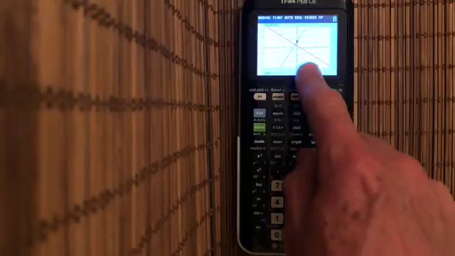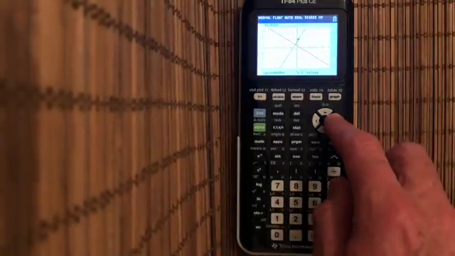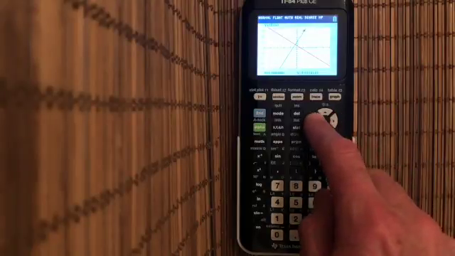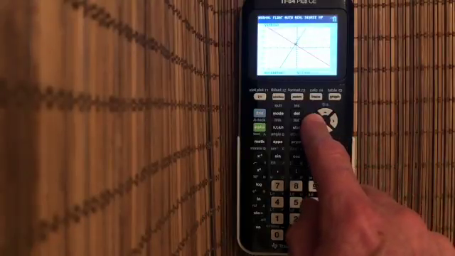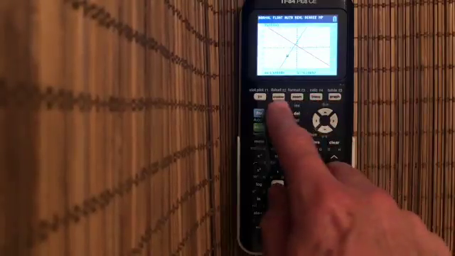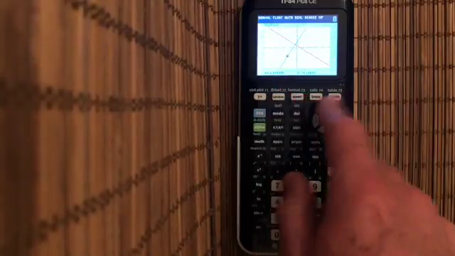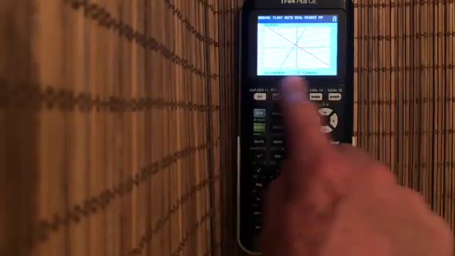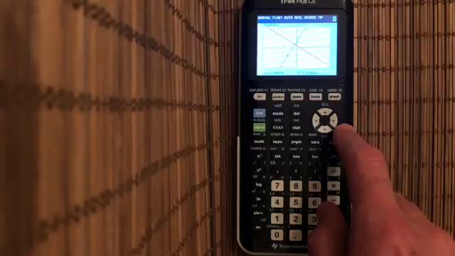If we press trace, we're on the blue line, and we can move and see more values. But again, if you don't really know how to operate this trace function, matching it with a window and with a zoom, you may not end up getting the right numbers you may be looking for.